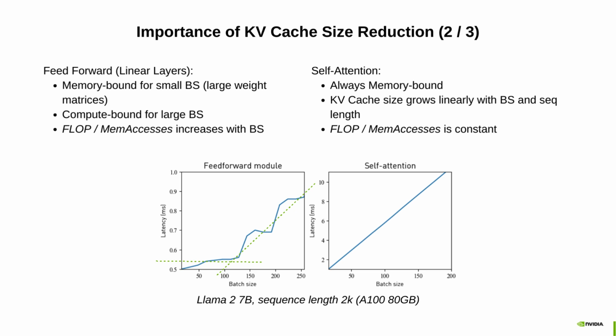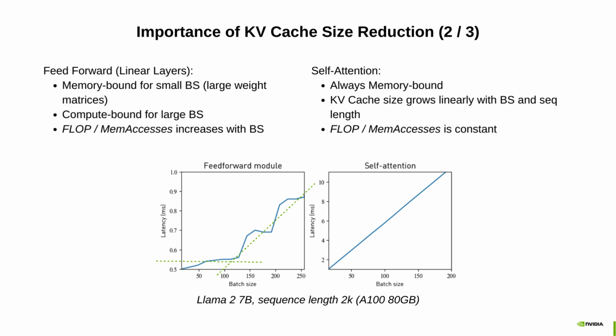However, as the ratio of flops to memory accesses increases with batch size, the linear layers become compute-bound. As shown in the plot, the latency of linear layers remains constant up to a batch size of roughly 128. This marks the breaking point, where we transition from being memory-bound to compute-bound.